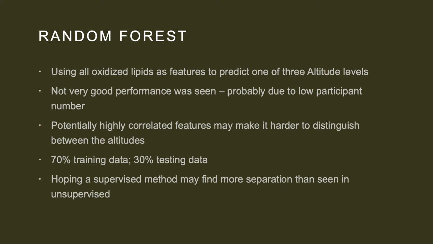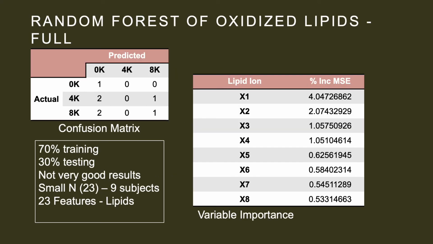It suggested that there was probably a lot of collinearity in these features, so probably a lot of the features related to each other and caused correlated results. And again, the reason for running this was to hopefully see some separation that we weren't finding in the unsupervised methods. So here are some of the results.